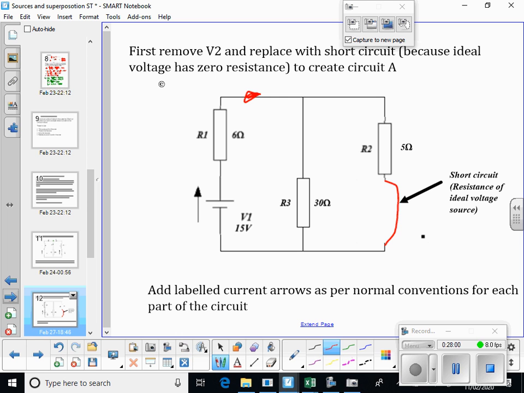So we'll put that current in. Where would current flow in the middle leg? And where would current flow in the other branch?